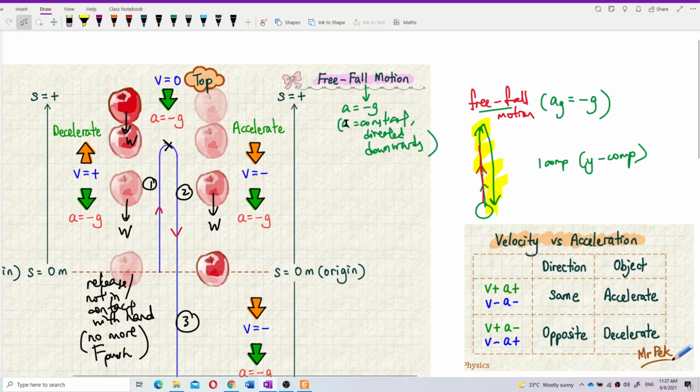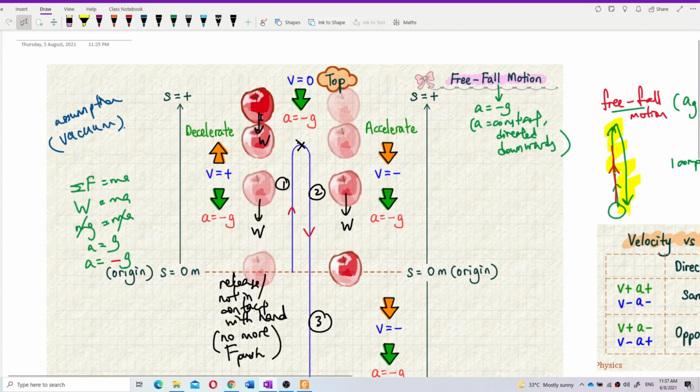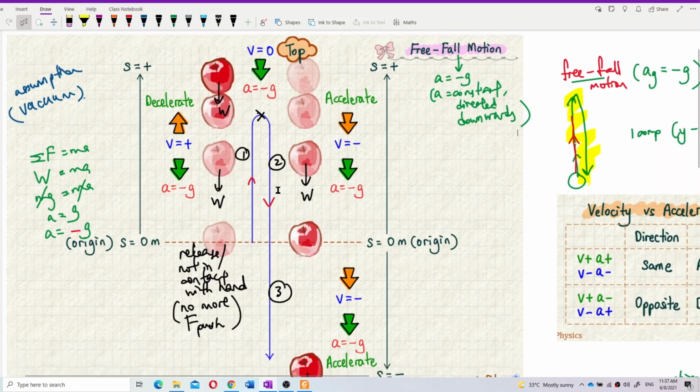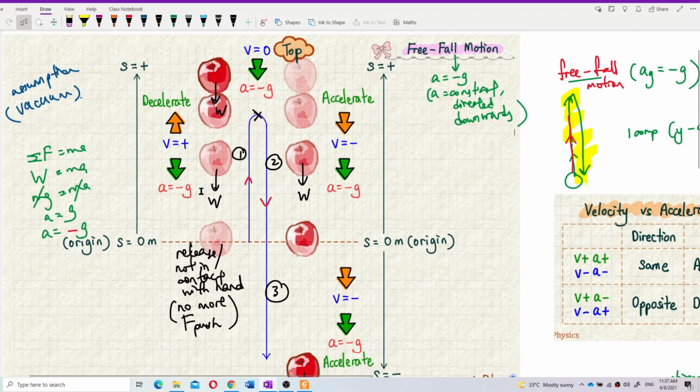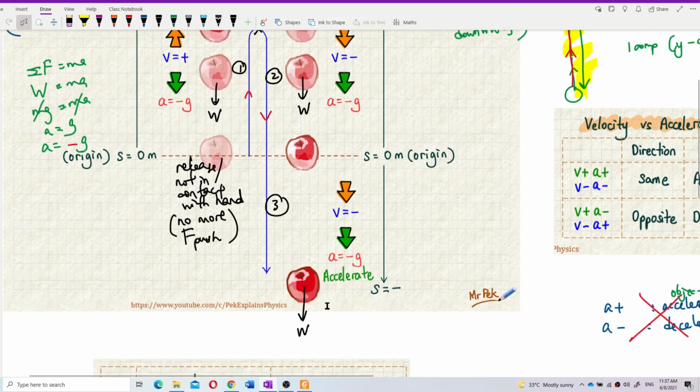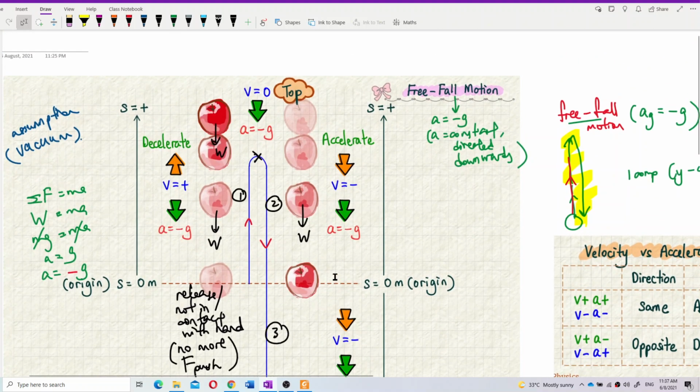Even at the top position, when velocity has already decreased and becomes 0, the apple still has weight. So the acceleration is still constant, negative g, no matter where the apple is.